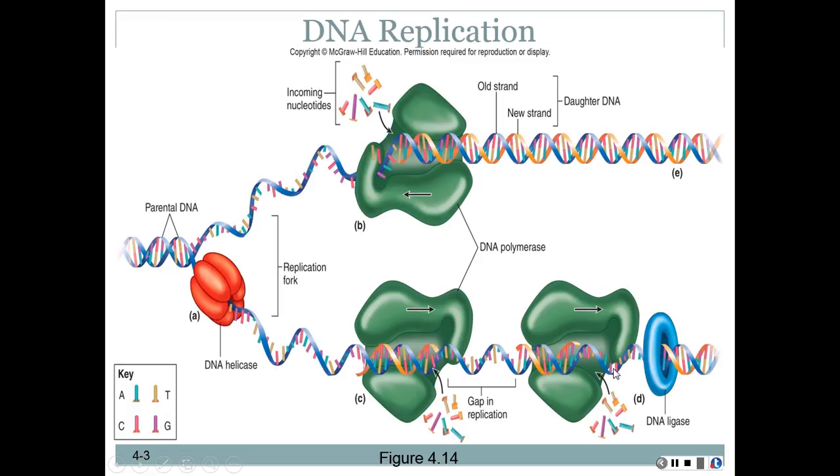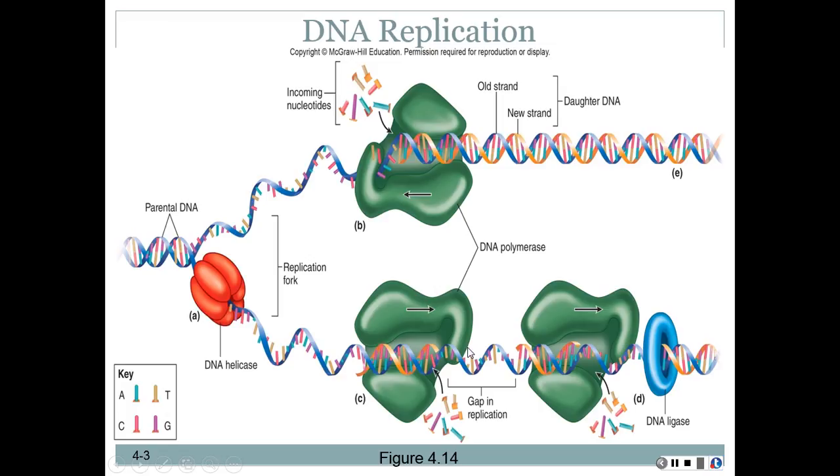Now one polymerase makes a long continuous strand, and the other makes short strands moving away from the fork. So these are going to make the short strands. This one's going to make the very long strand.